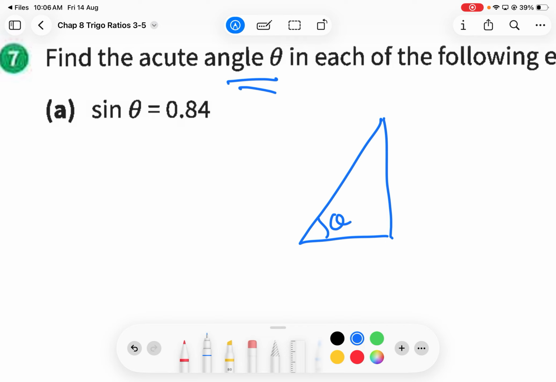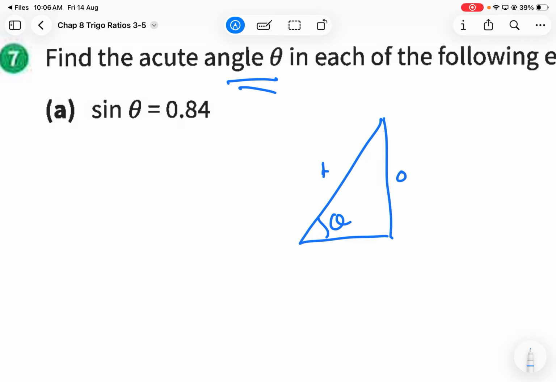You don't know what the angle is, but they tell you the sine of the angle. The sine of the angle is opposite divided by hypotenuse. They tell you this ratio, so it is like this one is 0.84, this one is 1. When they tell you sine theta is 0.84, it is like telling you there is a right angle and the ratio is 0.84 over 1.